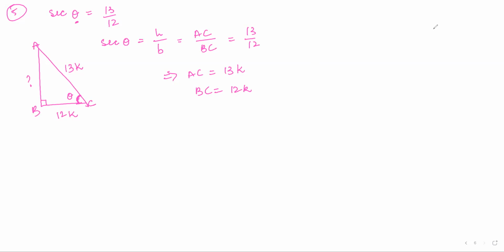Martin? 5K. Okay, 5K. So these are the three sides of the triangle.